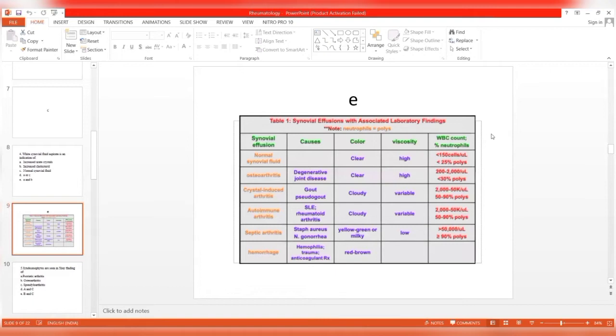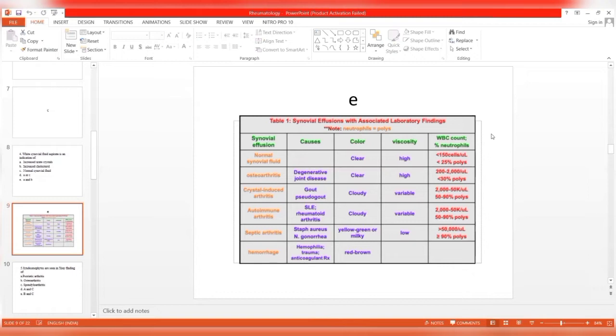This is the one we should be remembering. We are not remembering viscosity also. We should remember the causes, color, and also WBC count. No need of remembering the absolute WBC count. You should remember whether the WBC count is increased or reduced.